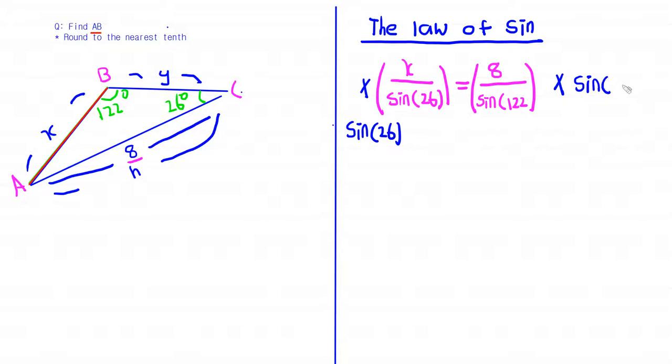If we simplify this equation, this will cancel out, and on the left side you're left with x is equal to 8 times sine of 26 over sine of 122.